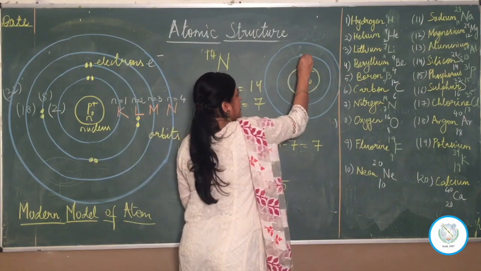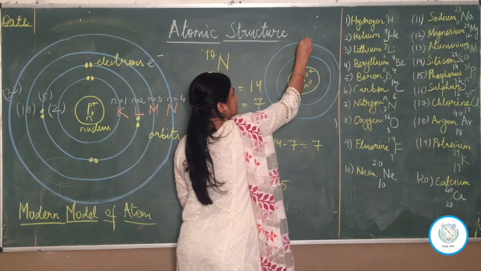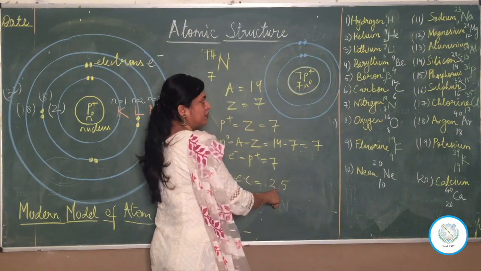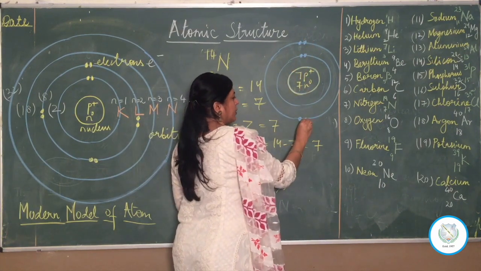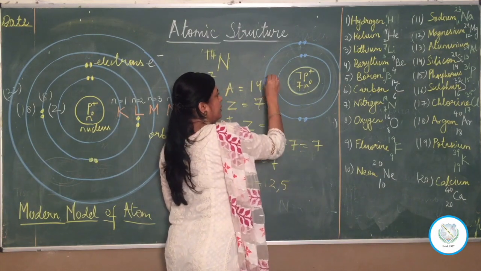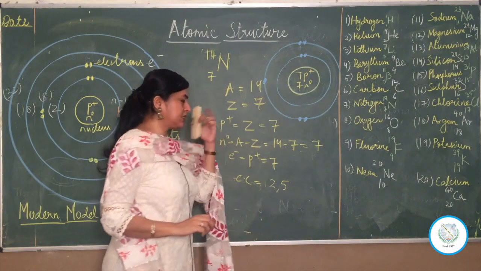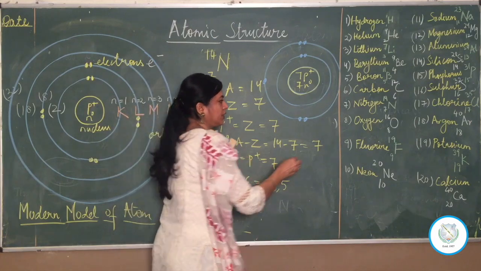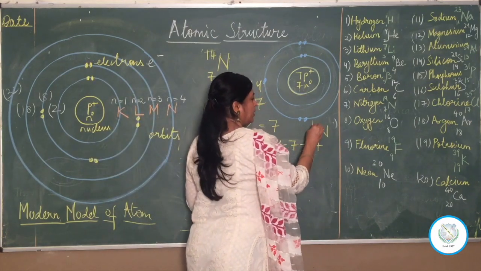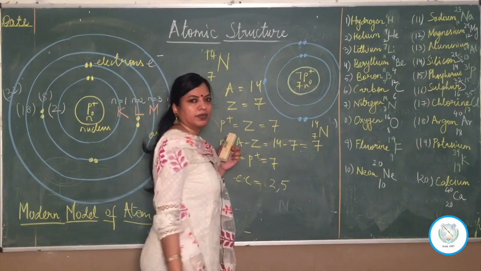How many electrons here? 2. And here we discussed 5. 2 here, 2 together in a pair here, and 1 anywhere else, this side or that side. This is the geometric representation of nitrogen, and here you write N 14, 7.